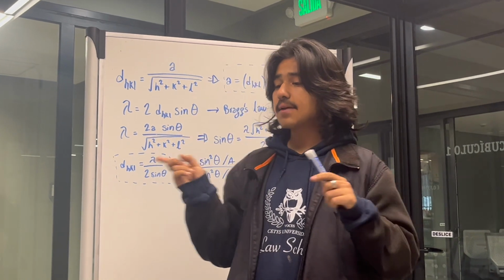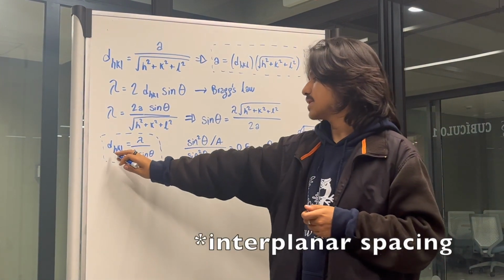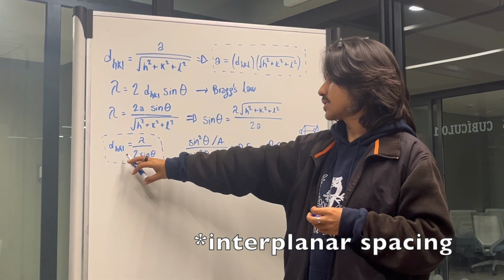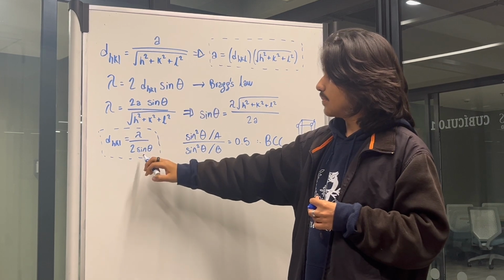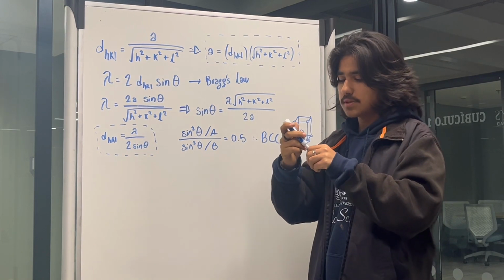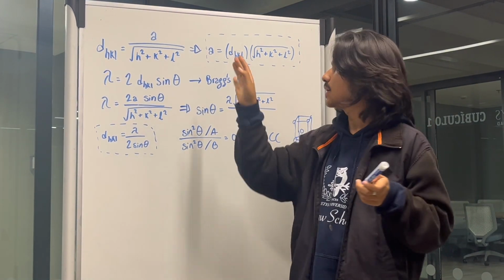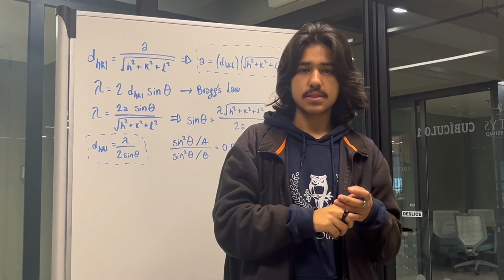Since we only have that information, we will be using this formula, the distance of the crystallographic planes being equal to lambda divided by 2 times the sine of theta, and then solve for the lattice constant in terms of the coordinates of the crystallographic planes.